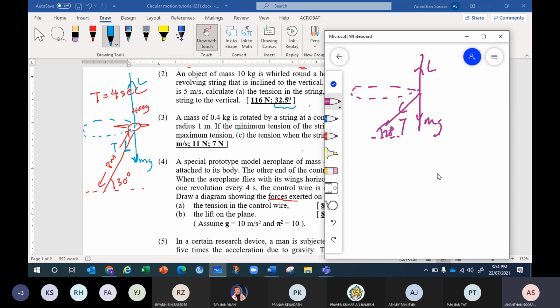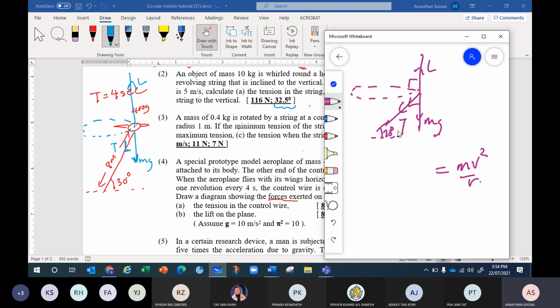What equals the centripetal force? mv squared over r: whatever force acts towards the center minus whatever force opposes. Does L provide the centripetal force? L is 90 degrees to the center, so L doesn't contribute. mg also is 90 degrees to the center. The tension is diagonal, and supports the force towards the center.